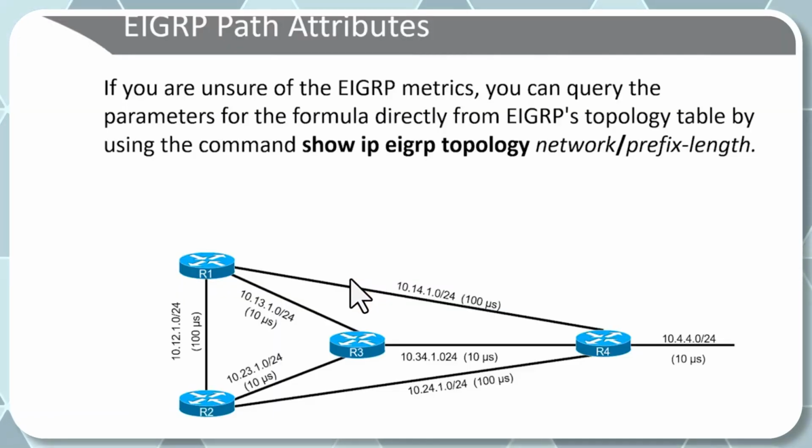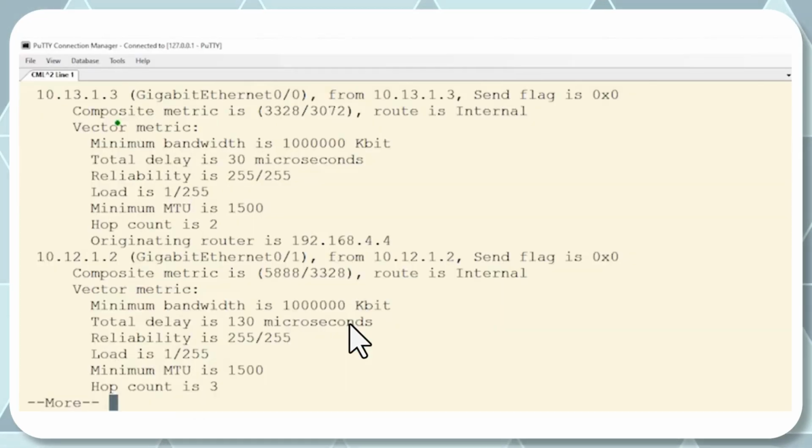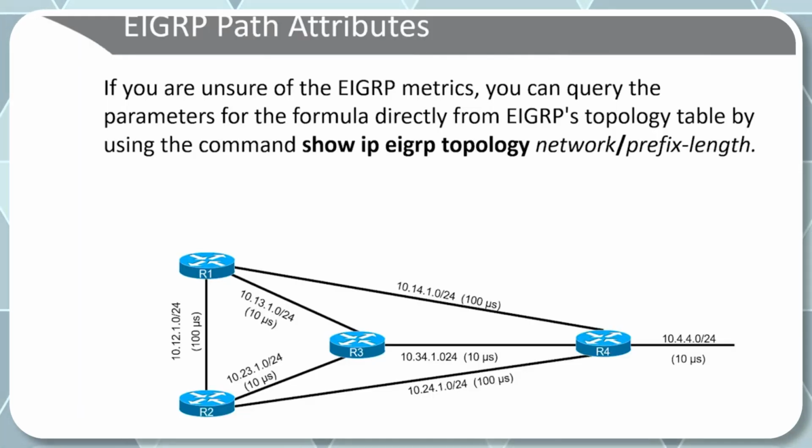So the composite metric has changed because, as you can see, the delay has changed. In this way it is calculated how many hops there will be to reach the destination. From here it will be 1 and 2 hops, like this.